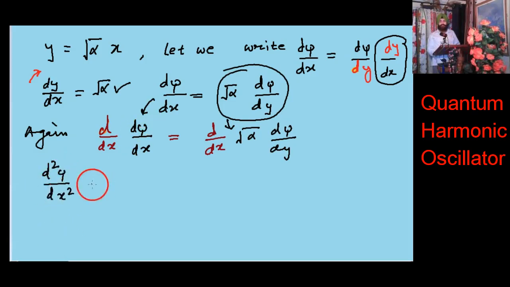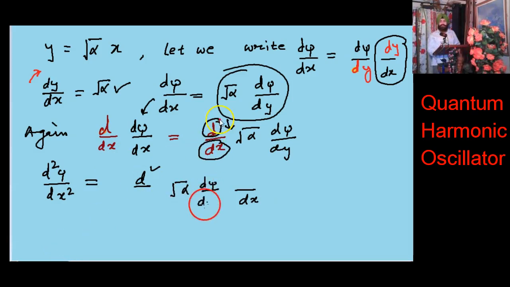So d2 psi by dx square. Now look. This d is here, and then this dx is here.